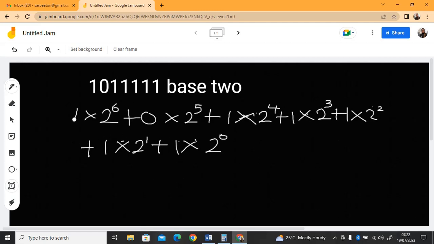Now you have to simplify it. Now 1 times 2 raised to the power of 6. 2 raised to the power of 6 is 2 in 6 places, that is 2 times 2 times 2 times 2 times 2 times 2, which gives us 64.